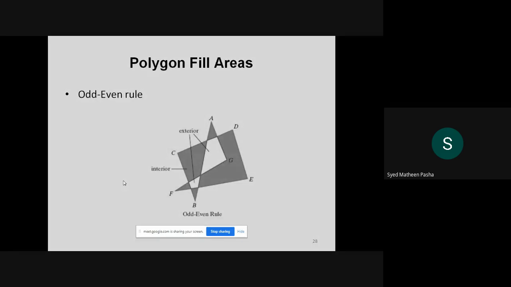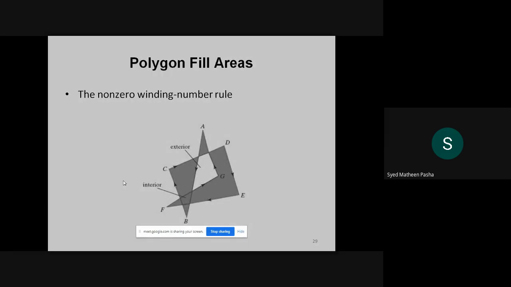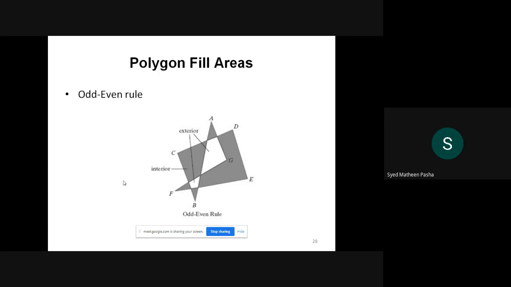In the first algorithm, that is the odd even rule algorithm, how do we identify a particular object's interior as well as exterior part? I can call the odd even rule the odd parity rule or even odd rule as well.